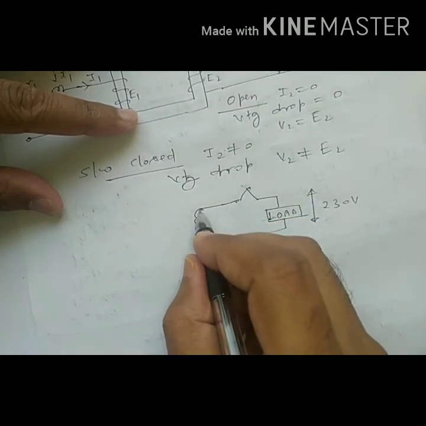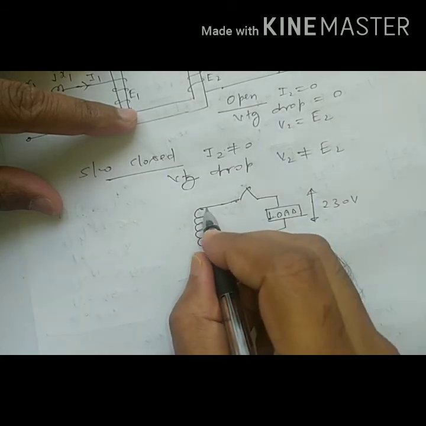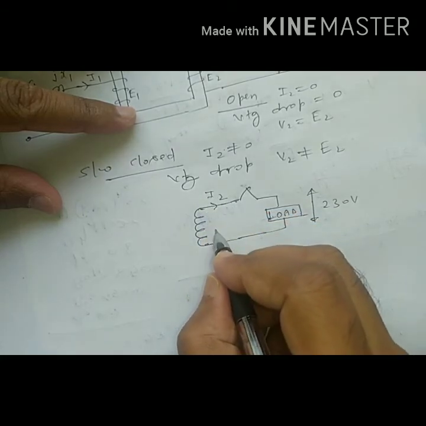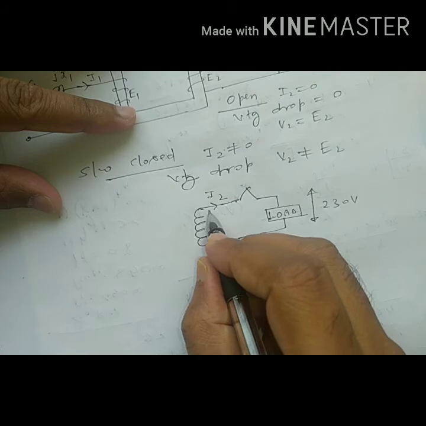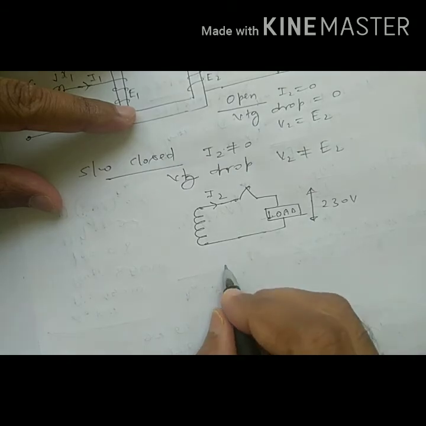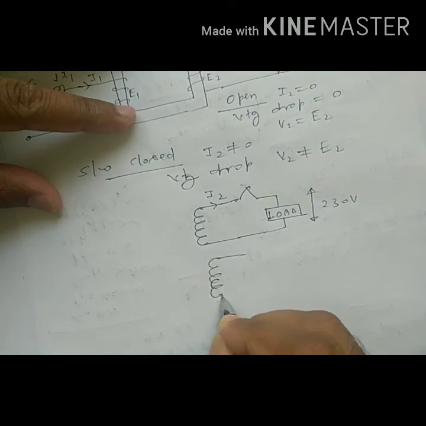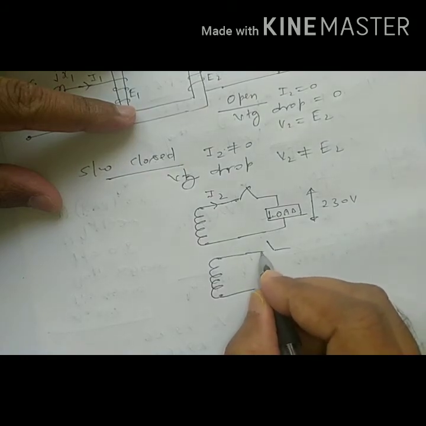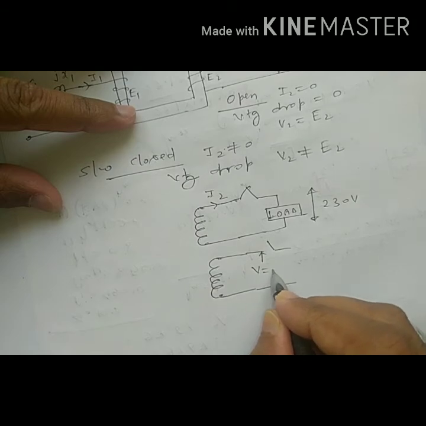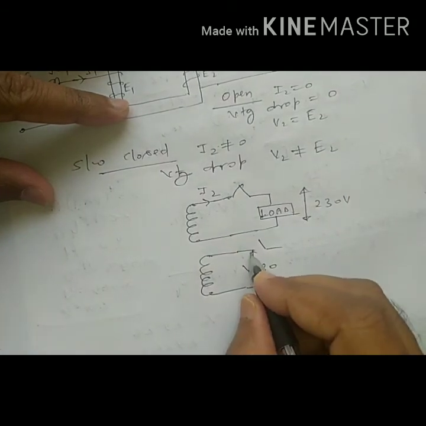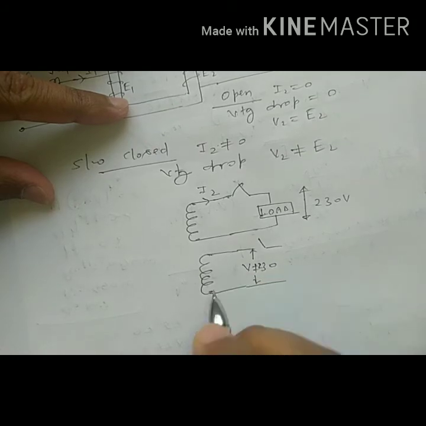If the switch is closed, as the load is connected to the secondary, current I2 is flowing, so there is a drop also. So whatever EMF is induced, that EMF is providing the drop plus 230 volt. So if I open the switch, then I will see here the voltage is not equal to 230, right? It will be higher, this voltage plus drop.